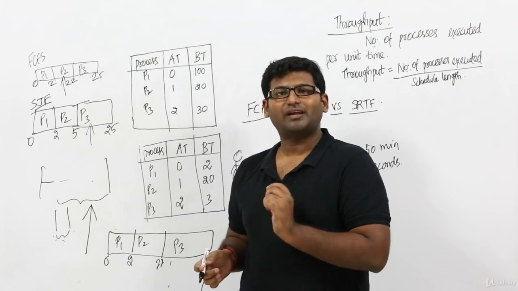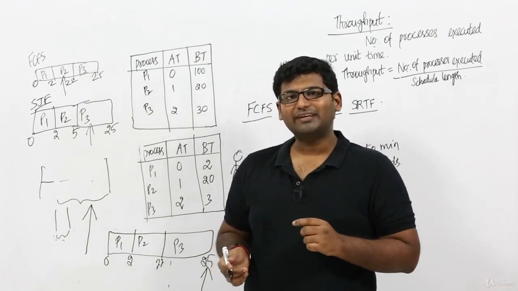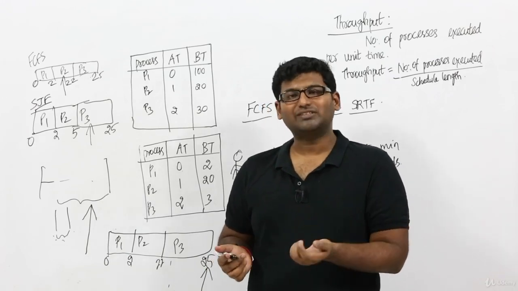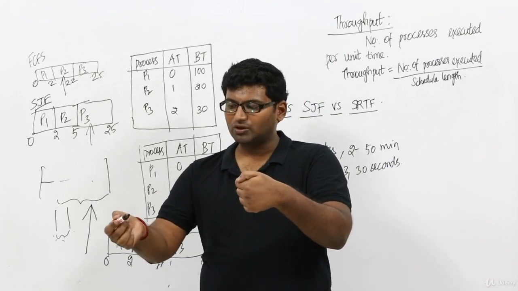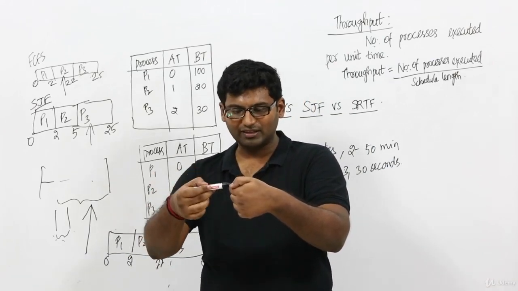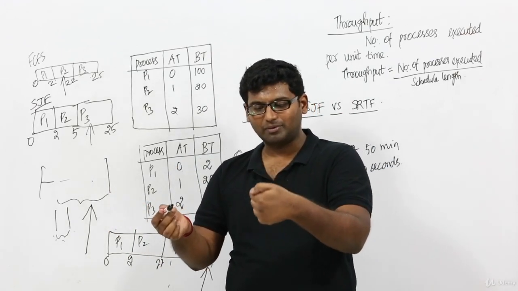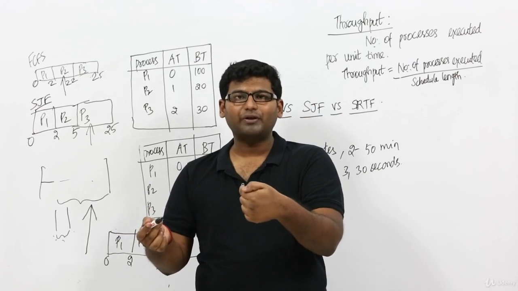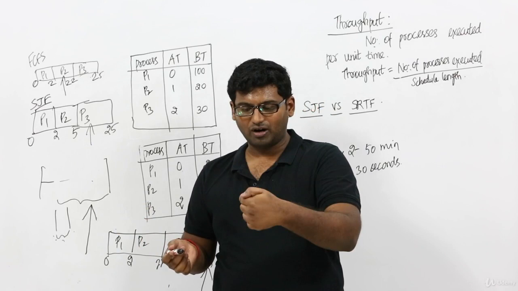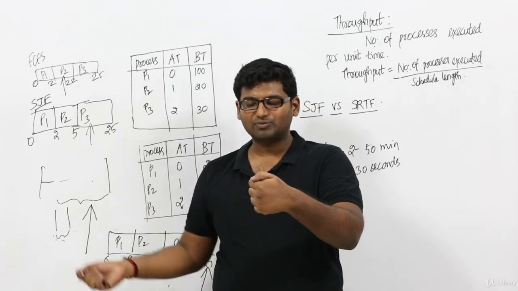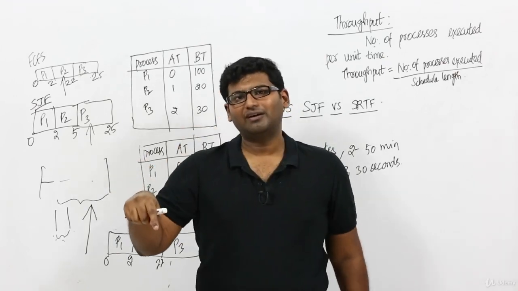SJF and SRTF both do the same, but the difference is that in SJF, once it has started with a customer, if a new customer comes whose processing time is lesser than that of this customer, we still continue with this customer, because SJF is a non-preemptive scheduling algorithm. Whereas in SRTF, though I am executing a smaller process, if a further smaller process arrives, SRTF will preempt this and then continue.